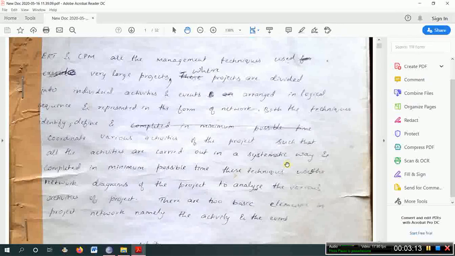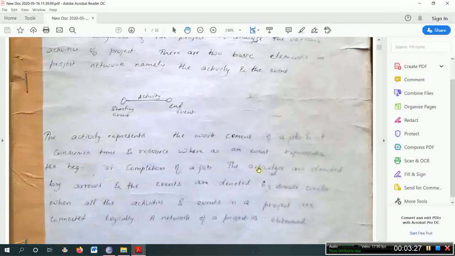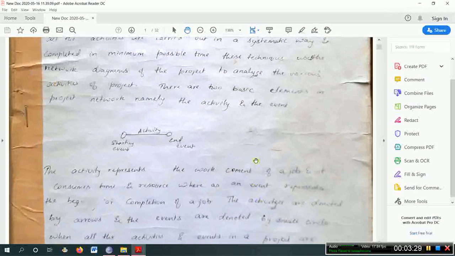Likewise here, the project evaluation and review technique and the critical path method are constructed in the form of a network, and then you need to find the time estimates, at what time they can complete the given project. Any project is divided into activities. Activity means work: what work is going to be done.